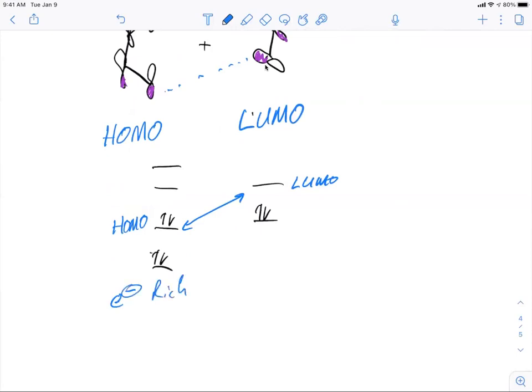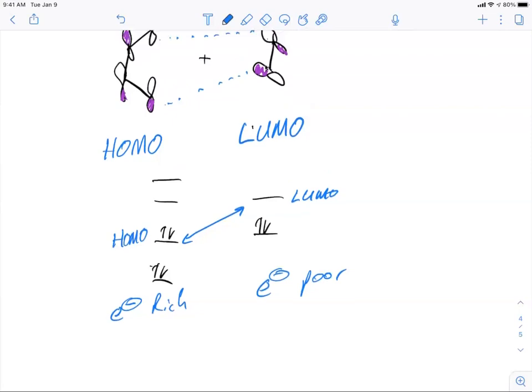In normal circumstances, there's something referred to as reverse, and we want electron-poor LUMOs. So electron rich and electron poor provide us a better reaction. The reaction will go at a lower temperature because my HOMO and my LUMO have closer energy levels. Okay.